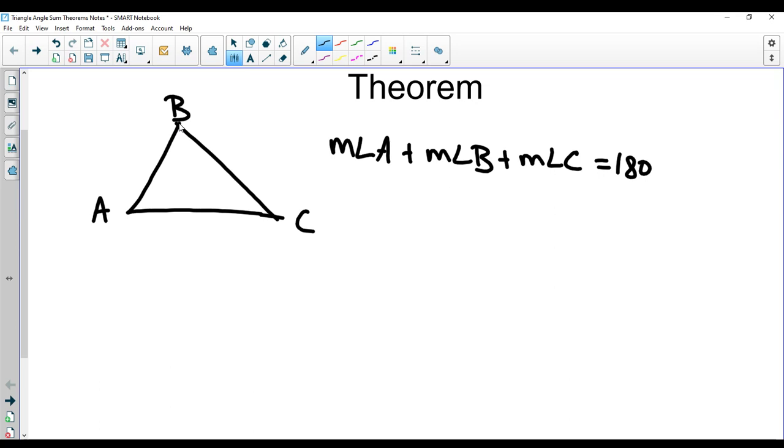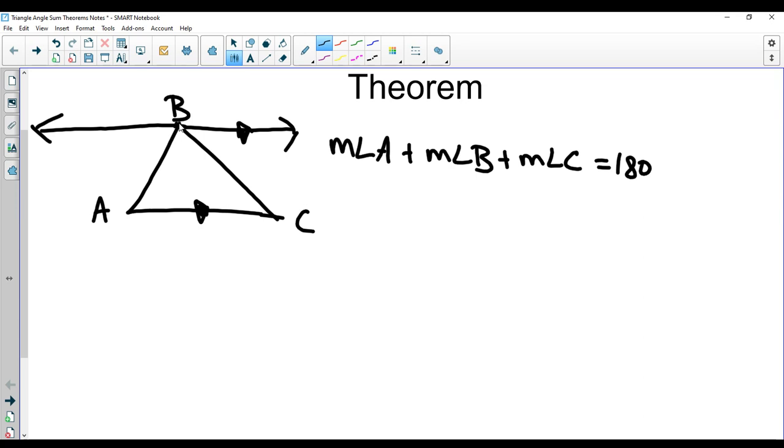And how we would do that was we would have just an arbitrary triangle, which means just a regular or ordinary triangle, it does not matter what it is. We would construct a line through one of these points so that it's parallel to one of the sides of the triangle.